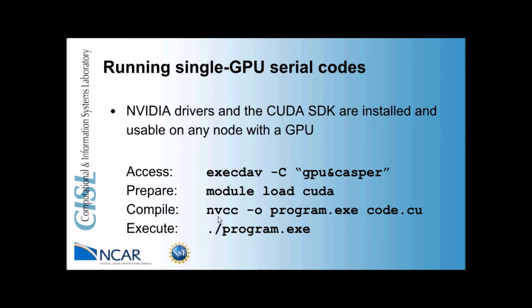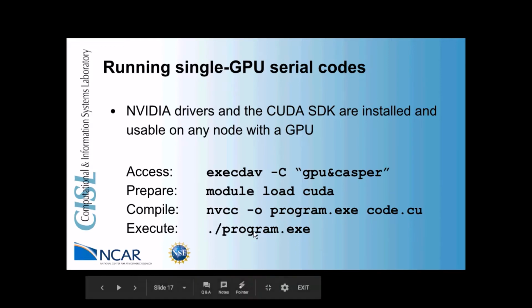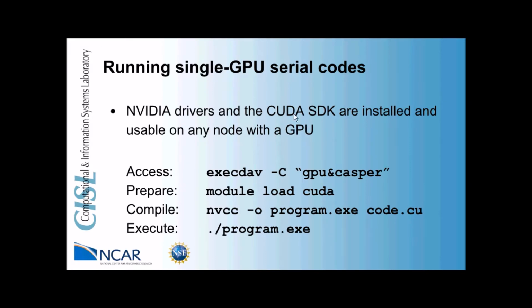And then I'm going to use the NVIDIA CUDA compiler, nvcc, to create my binary, and then I can just run it. And since I have access to the GPU on the GPU node, should be good to go. Now, if I want exclusive use of that GPU, then that's where the generic consumable resource should come in. But if I'm just running like a hello world, then I can share that GPU with people and not have a problem.